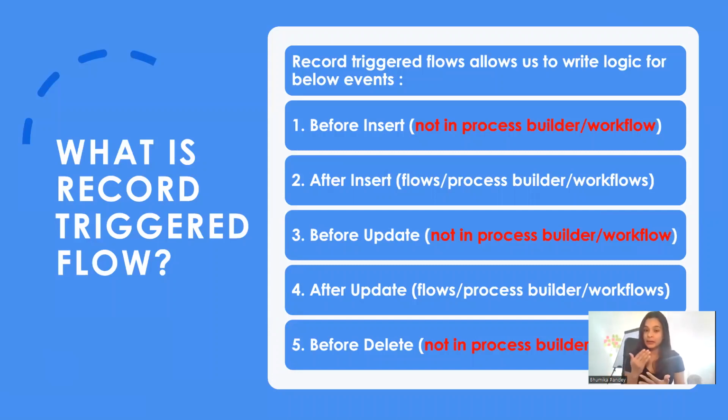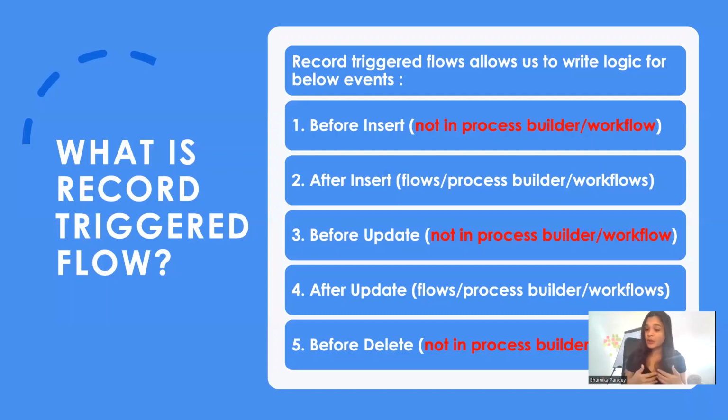But in flows, in Lightning flows, you can actually do it. Again, on the same example, let's say you have an account, and before you're inserting the account, you want to check if there is a shipping address on the account.